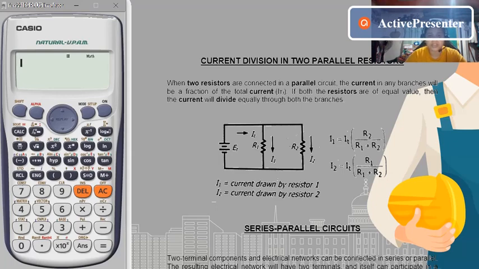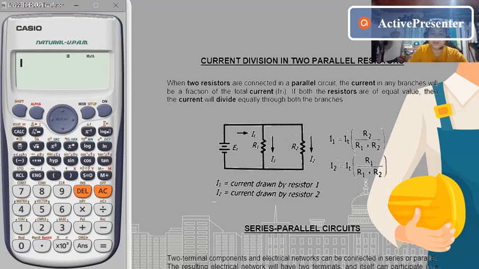If both the resistors are of equal value, then the current will divide equally through both the branches. So in a parallel circuit, pwede ta makasolve og current by using the current division.